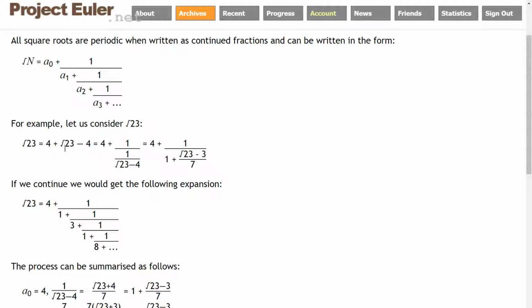So, 1 divided by 1. So this part is clear, right? Okay. And then the question is, how do you get from this to that? So let's see.